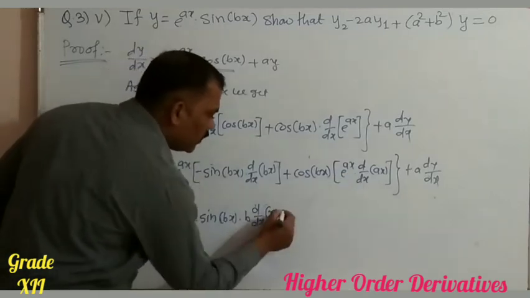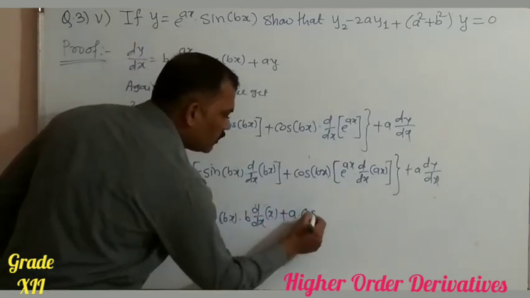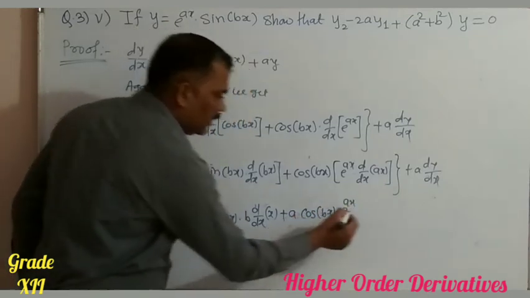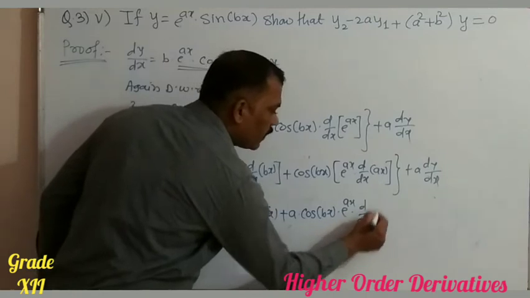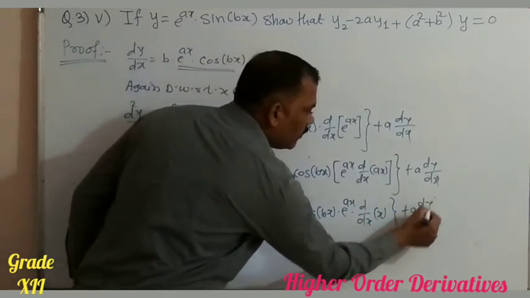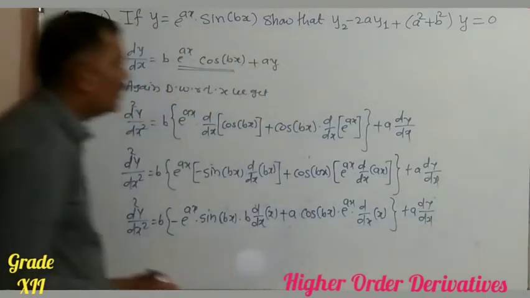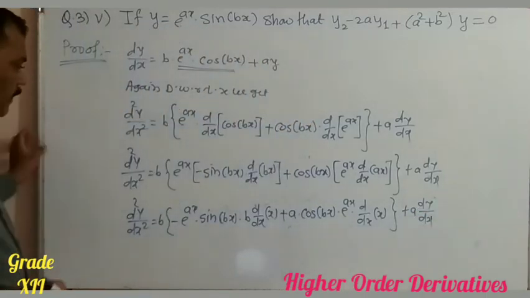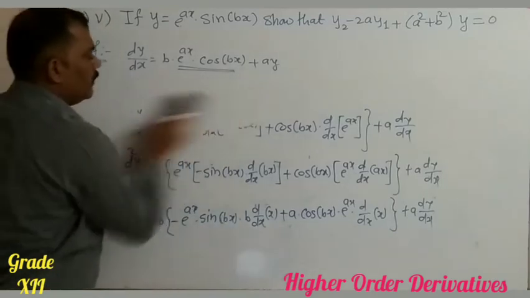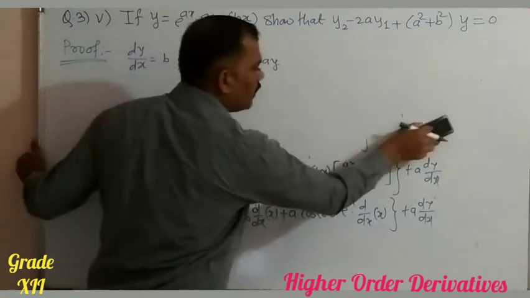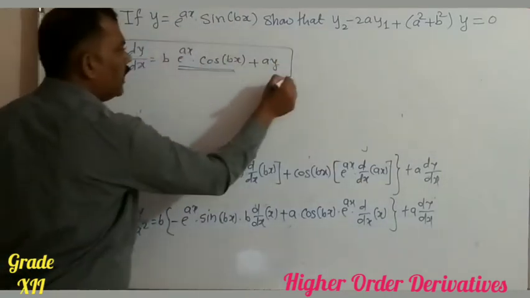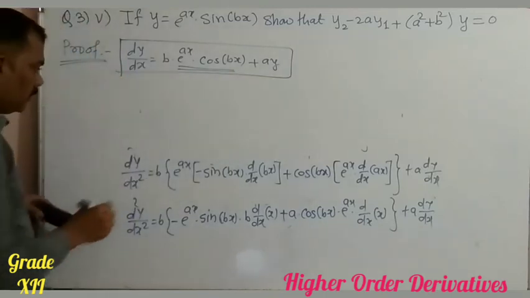Here a is a constant, so we take it outside, a into cos of bx into e raised to x into d/dx of x, curly bracket complete, a into dy by dx. If you require this value, I will keep it here as it is.